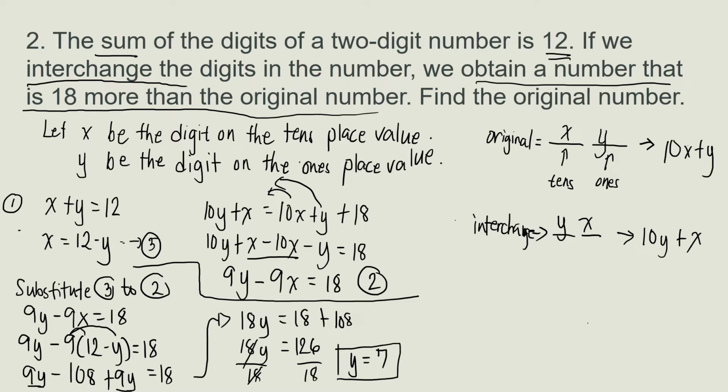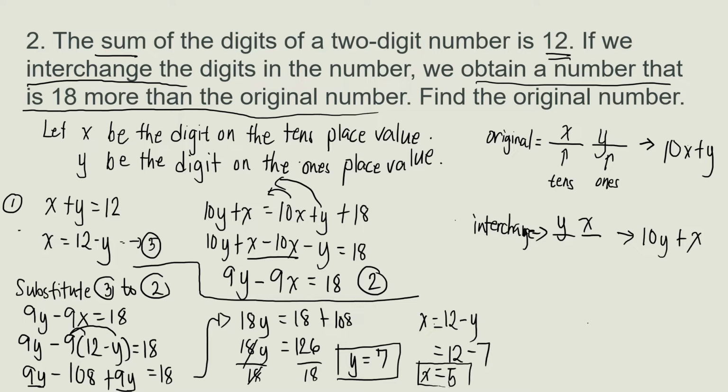Let's still show that, even if we can do mental math with that. So 12 minus y, or 12 minus 7, that is equal to 5. So your x is equal to 5.